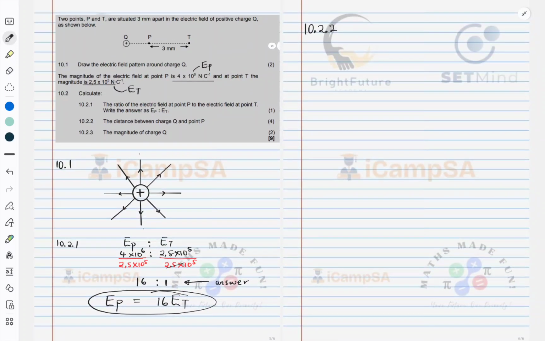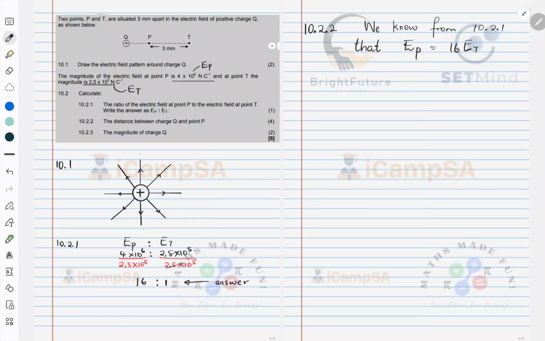All right, so we can start with that actually and say we know from 10.2.1 that EP is 16 times ET, because when we took 2.5 times 10 to the power 5 and divided it into 4 million, we got that it goes there 16 times.